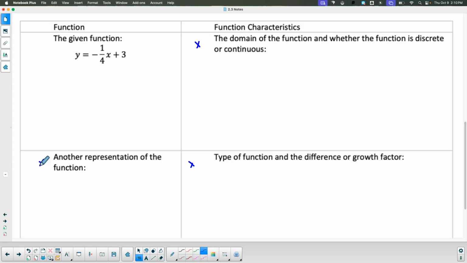So I would try and find on my cards whether or not the function is continuous or if it's discrete, and the domain of it.